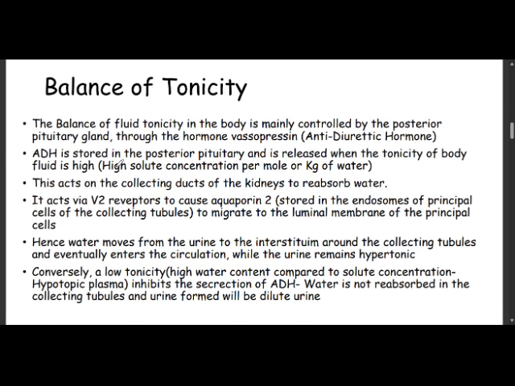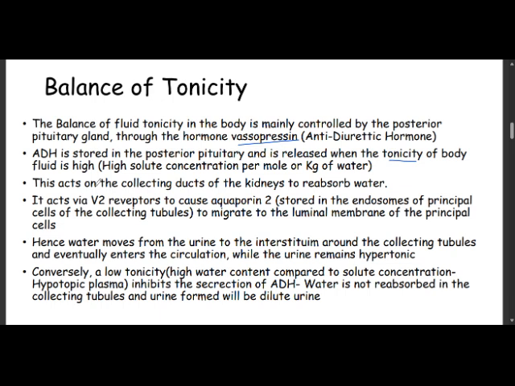All right, so the balance of fluid tonicity in the body is mainly controlled by the posterior pituitary gland, like we already mentioned, through the release of a hormone known as vasopressin, or antidiuretic hormone. This hormone is stored in the posterior pituitary, and it's released when the body senses a change in the tonicity of the body fluid.